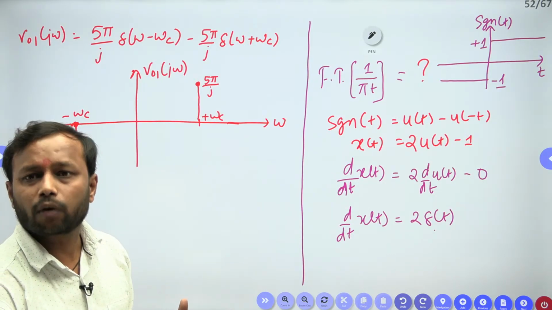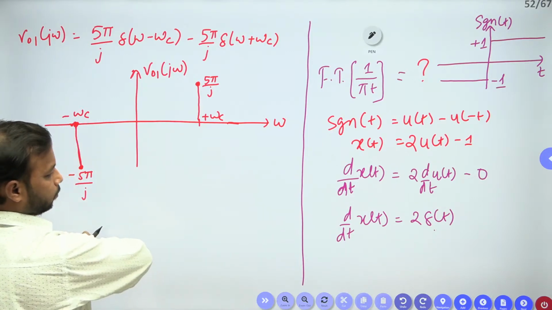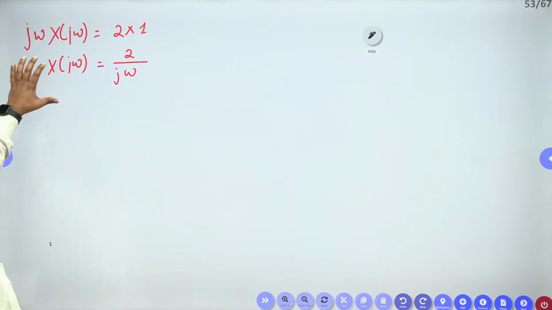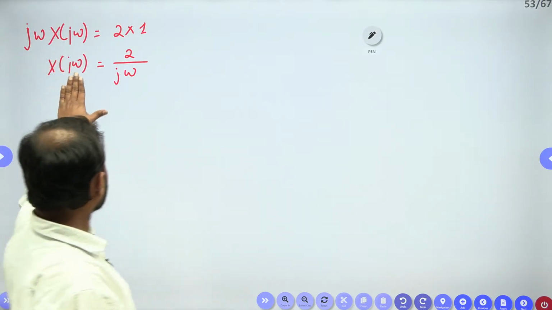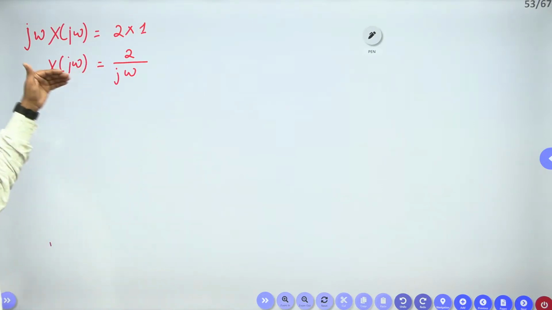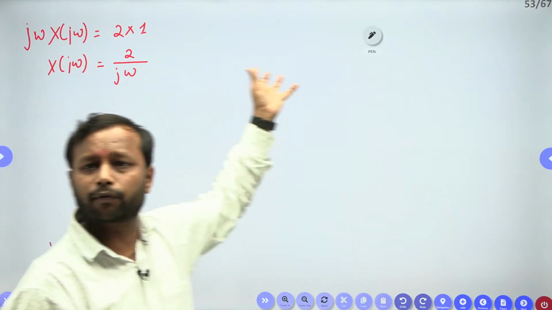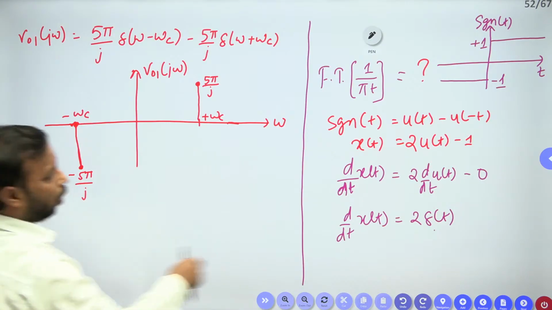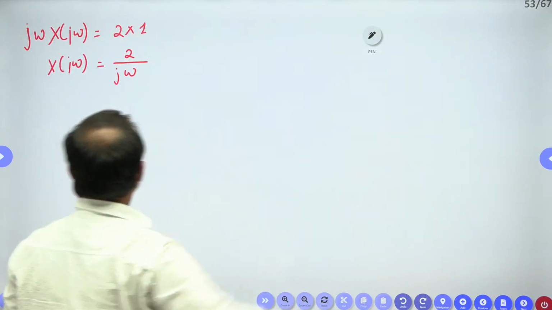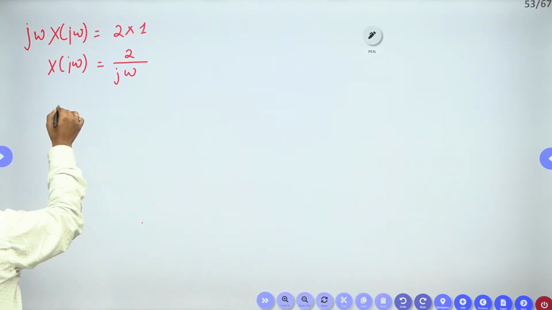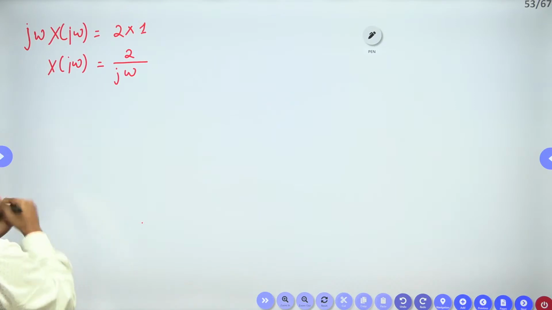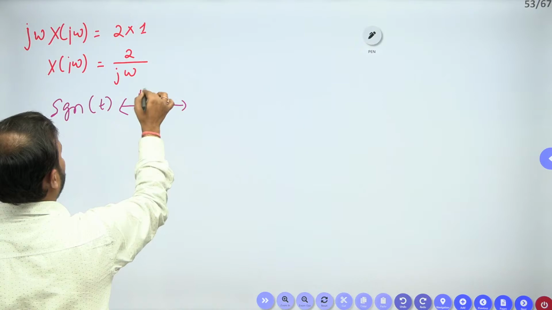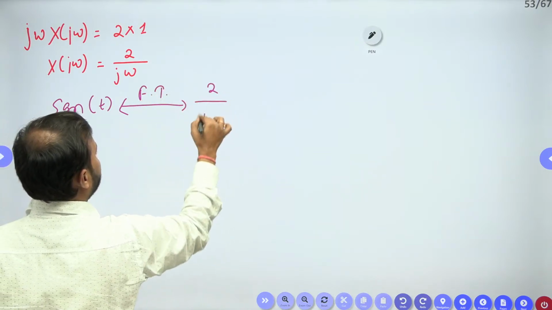This is x of j omega, the Fourier transform of signum of t, for del of t that is 1. So your signum of t Fourier transform is 2 by j omega.